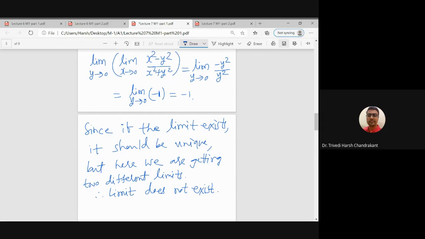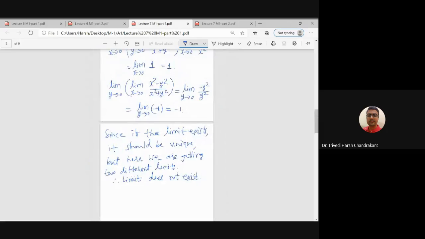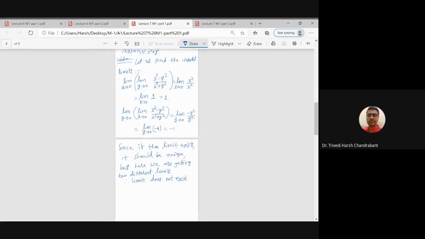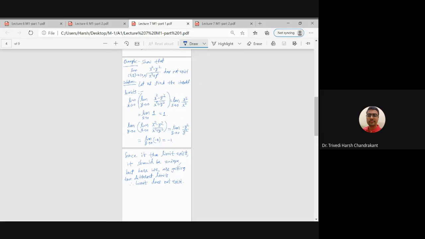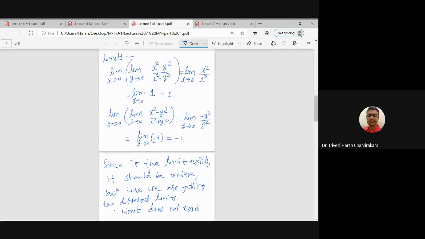So this is essentially the first example which we have discussed, where the two iterated limits themselves are different, and therefore the limit does not exist. So let us see one more example of this type.